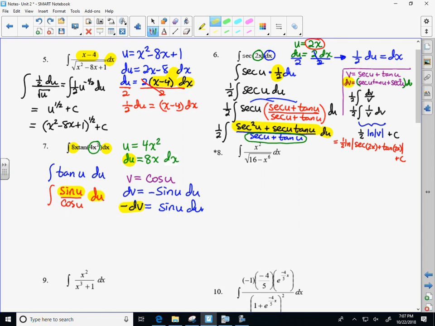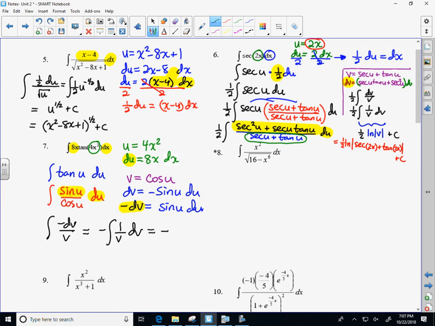So I can replace the sine of u du with a negative dv. So I'd be looking at negative dv over v, which is the same as negative the integral of 1 over v dv. Some kind of recurring theme appears to be at work here.